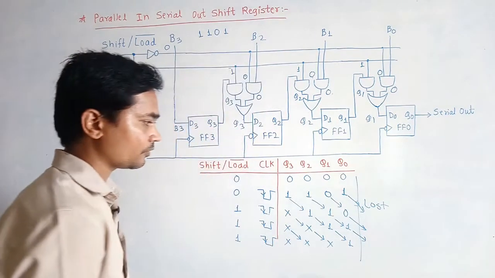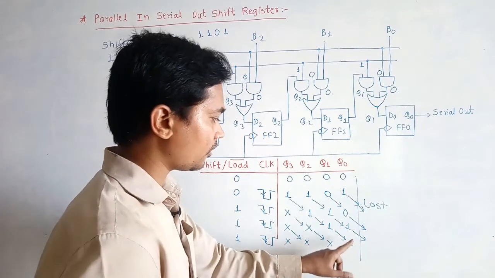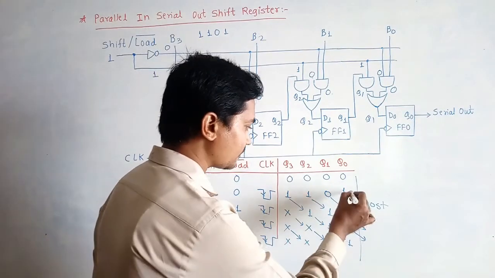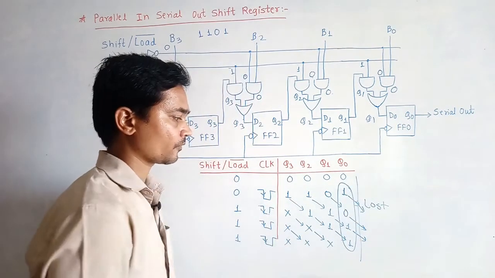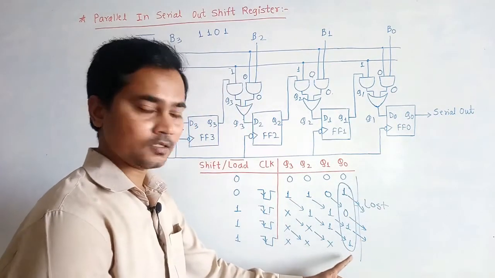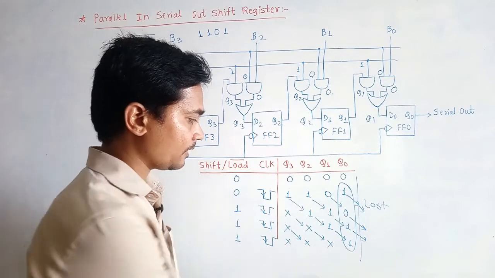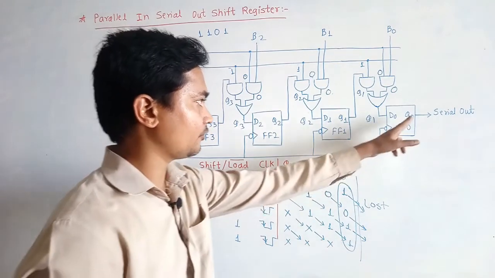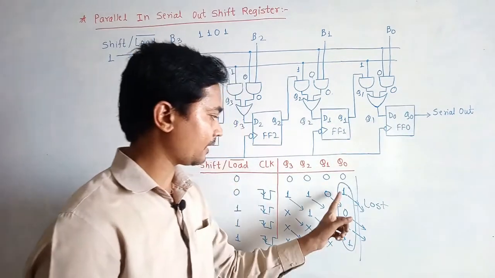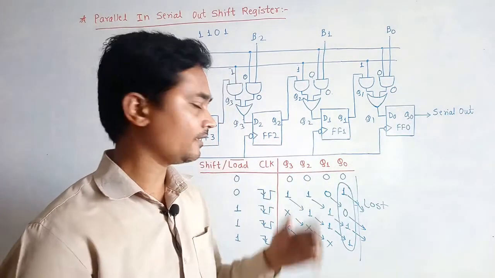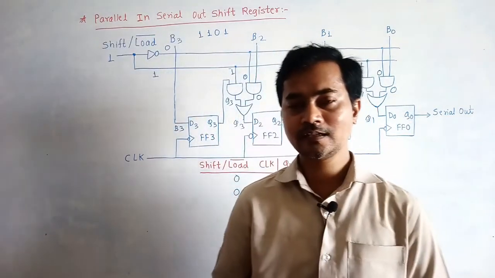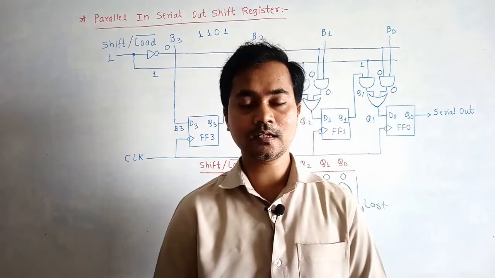Here we have got all 4 bits at the output of Q0. Starting from the MSB side, the MSB will arrive at Q0 last and the LSB will arrive at the initial clock. This is a very simple circuit operation, that is parallel in serial out.